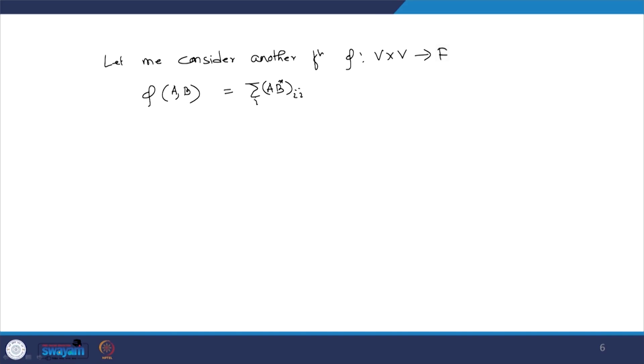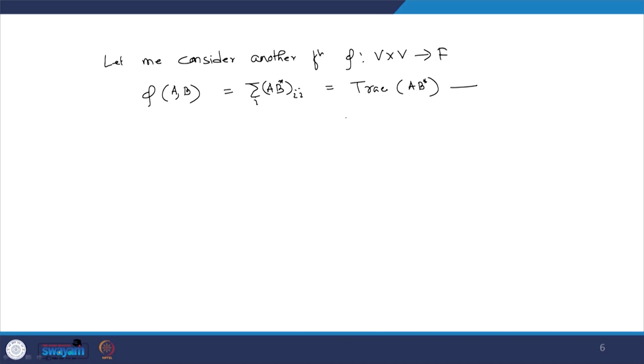So, this means the trace of A B star basically. If I define a function phi from V cross V to capital F, as phi of A B equal to the summation of (A B star)_ii, meaning the sum of diagonal elements of the product A B star, then this will also give me an inner product.